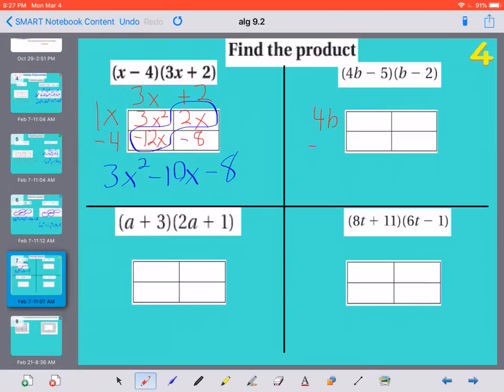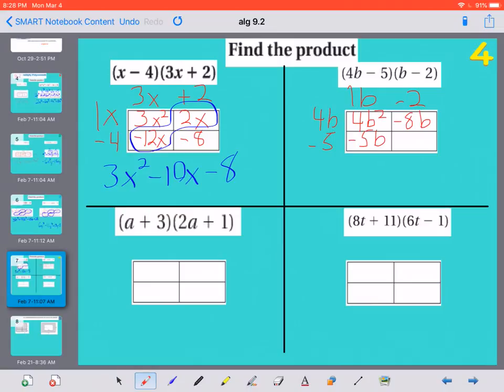For b minus 5, b minus 2. 4b times 1b is going to give me 4b squared. 4b times negative 2, negative 8b. Negative 5 times 1b is negative 5b.